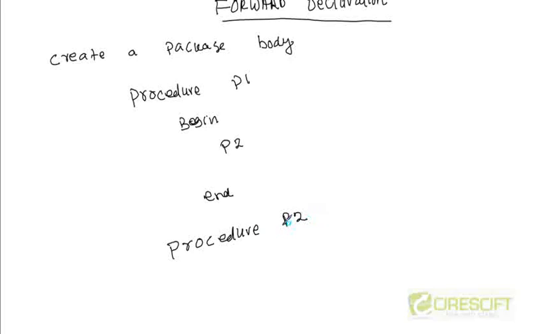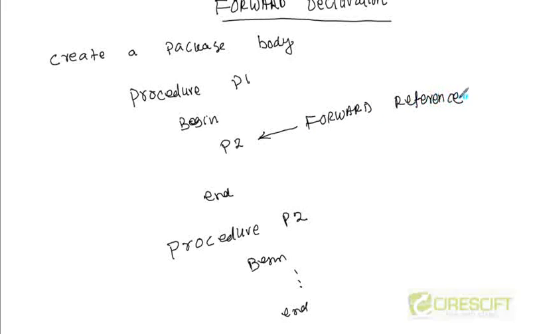So procedure p2, and then we have begin, and then a couple of PL/SQL statements for procedure p2. Whenever the control comes here, this is called a forward reference.